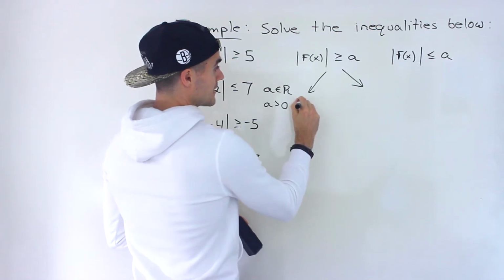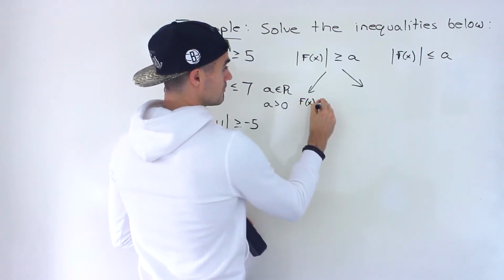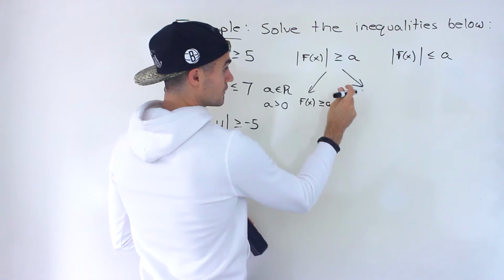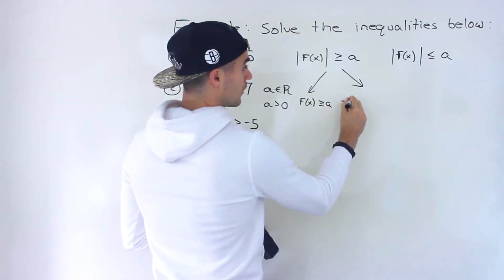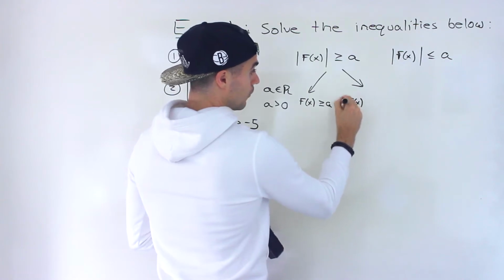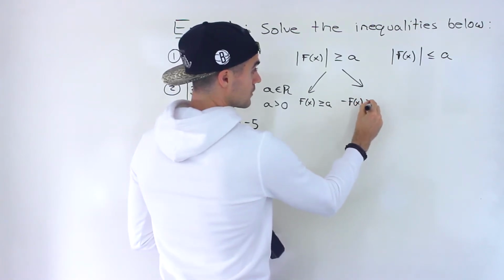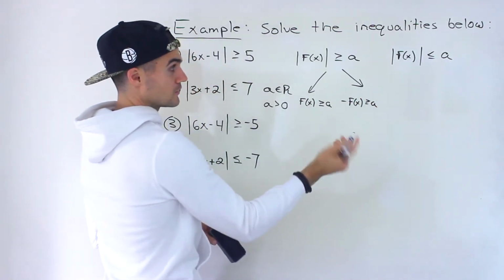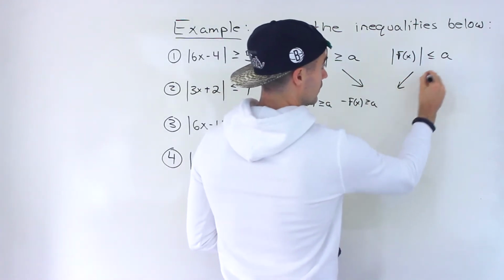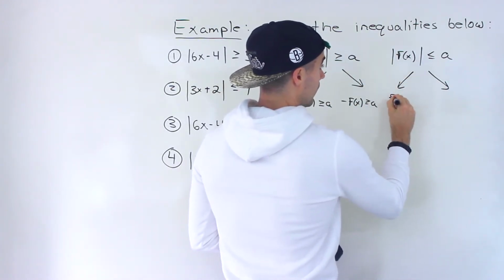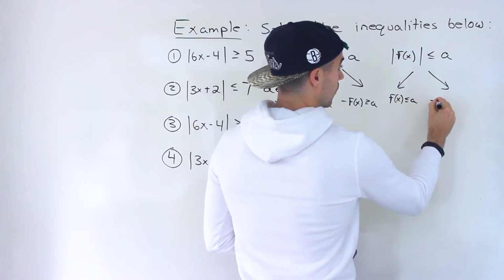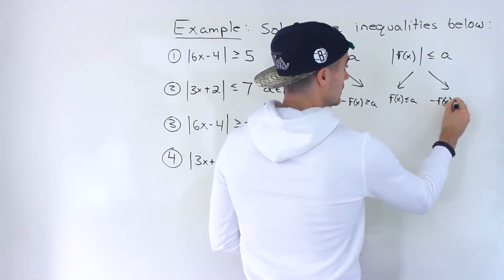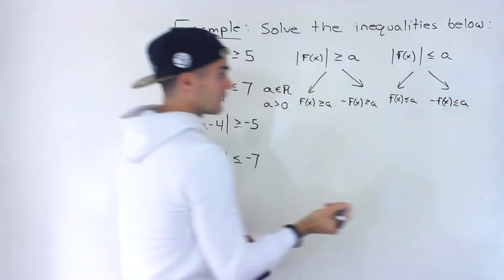You would split it up as taking the function being greater than or equal to that a value, so pretty much just getting rid of the absolute value signs, or finding out when the negative function is greater than or equal to that a value. And then same thing over here. You either find out when the function is less than or equal to the a value, or when the negative function is less than or equal to the a value.